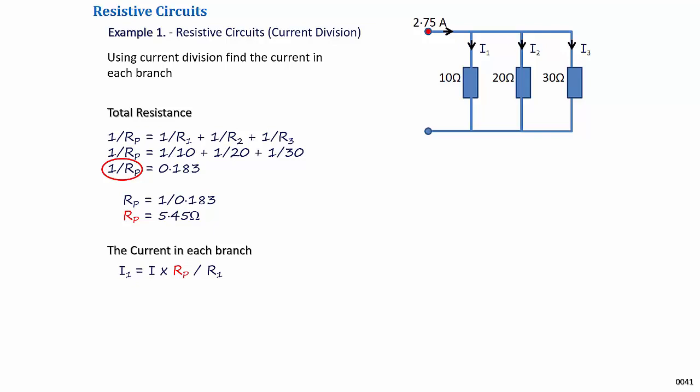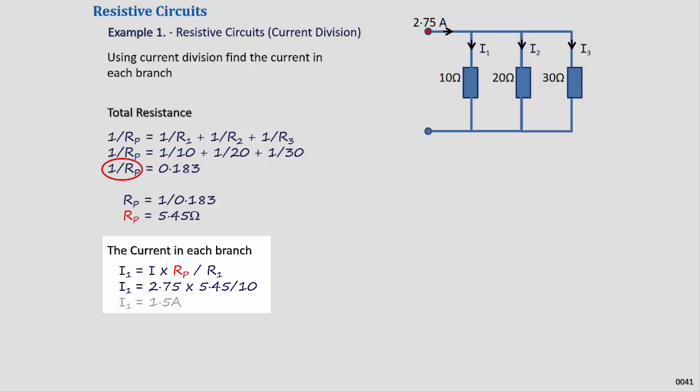Now we can continue to calculate each branch current using current division. So, I1 equals I times Rp divided by R1. Substituting the values, I1 equals 2.75 times 5.45 divided by 10, which equals 1.5 amperes. I2 equals I times Rp divided by R2.